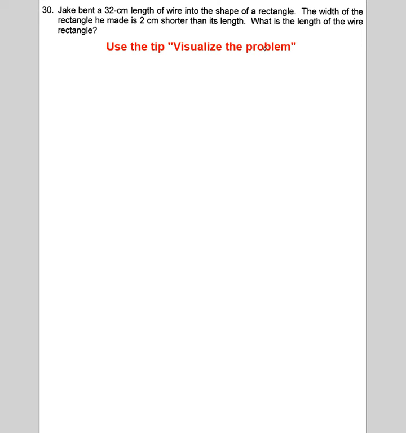So the first thing I do when I solve a word problem is I look for what it is that I'm trying to find. So I want the length of the wire rectangle. So if I go back to the whole thing, I have this length of wire that I'm shaping into a rectangle. The reason we're using visualize the problem on this one is that it just naturally lends itself to that, because it's a physical object that we're talking about, so it makes sense to picture it.